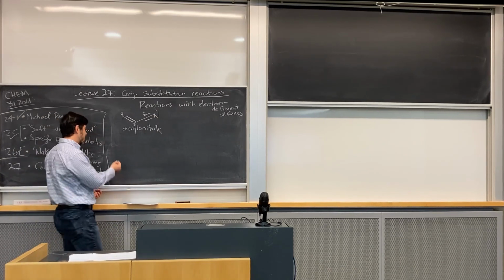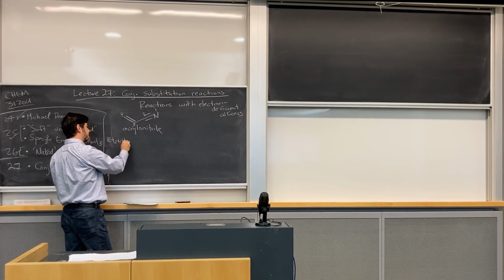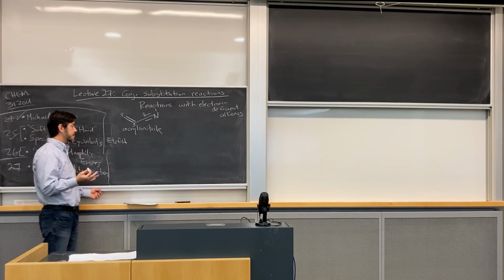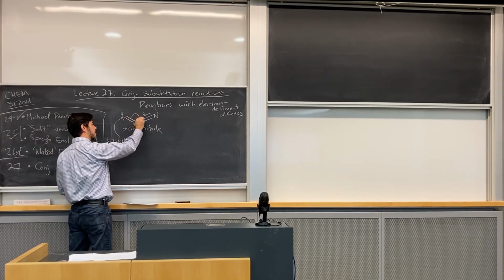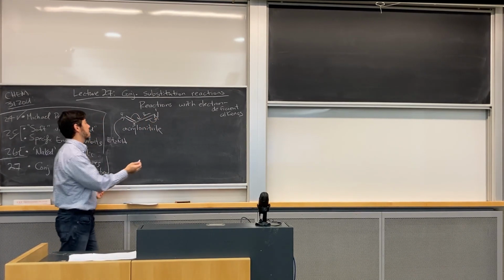So if we take something like, for example, diethylamine, we have this nitrogen here with a lone electron pair. So you can imagine this could react, and you could get that addition just like I was talking about.